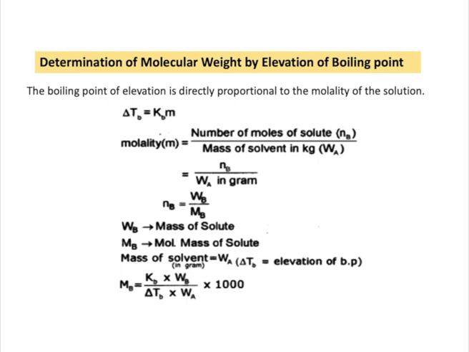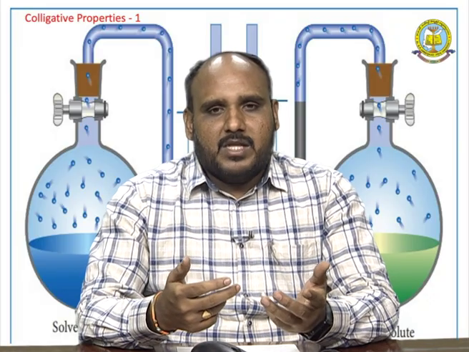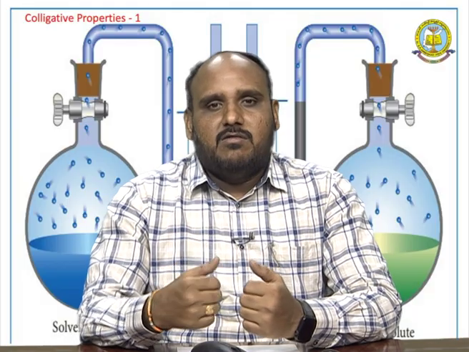Therefore, Nb is the number of moles. How do we find it? The number of moles of solute can be defined as the weight of solute divided by its molecular weight. Whatever the solute we are considering, for example, ethyl alcohol is mixed with water.